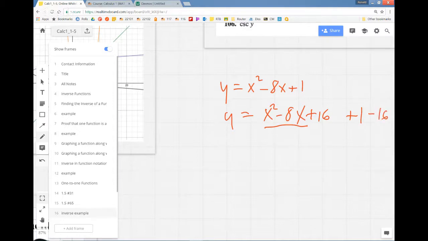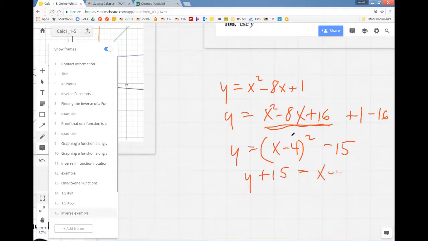To make it legal, I also must subtract it right away, which I know sounds like insanity, but this is now a perfect square trinomial. And so I can write it as X minus 4 squared. And then I just combine these two out here. I can add 15 to both sides. And then I can take the square roots of both sides.